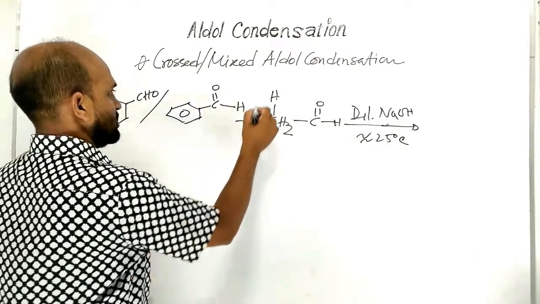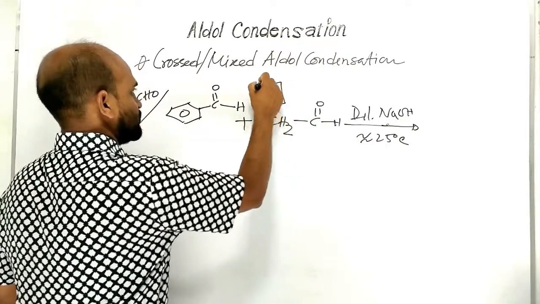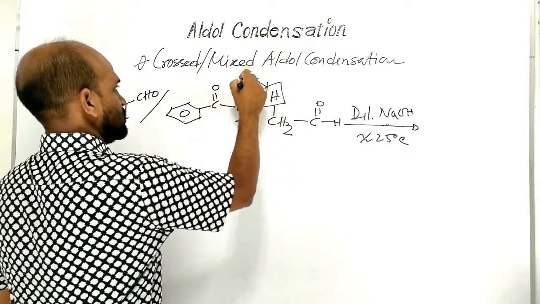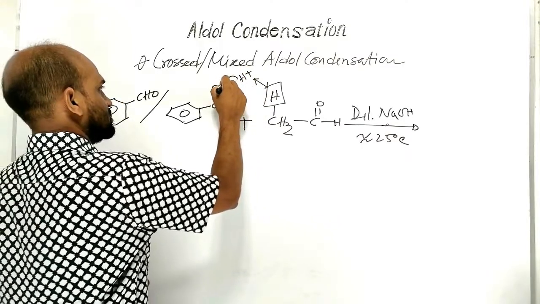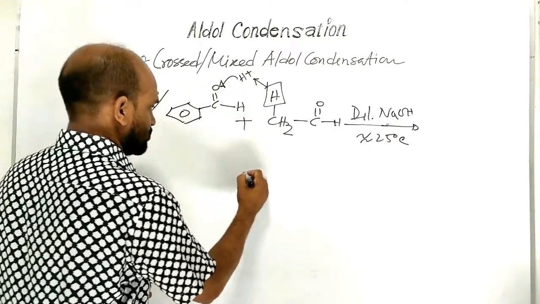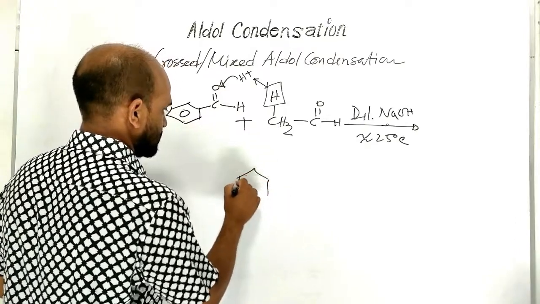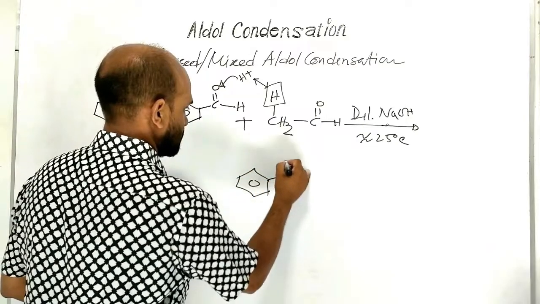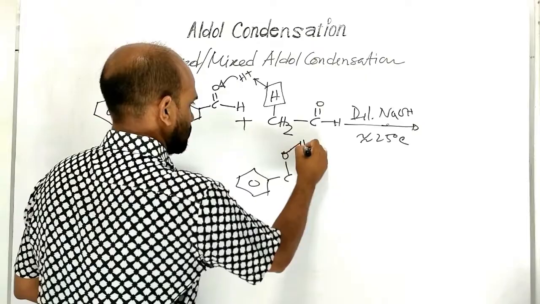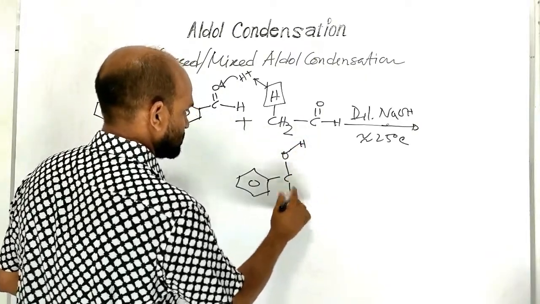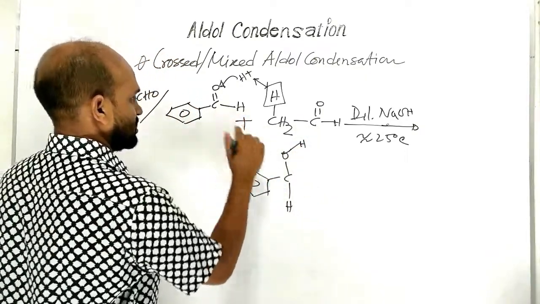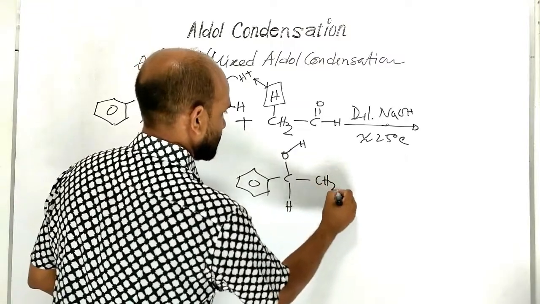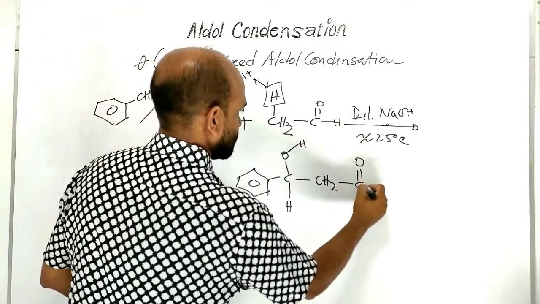Then this hydrogen is freed as proton and combines with this oxygen. Now the product is OH, this carbon with H, this H, here CH2, OH.